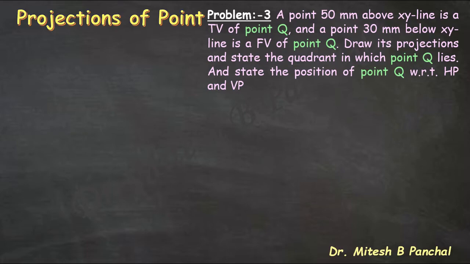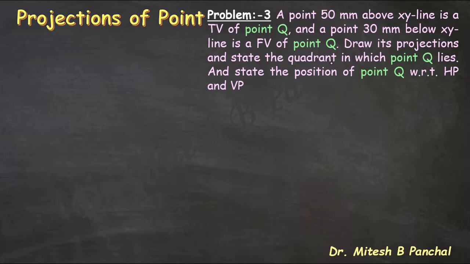So here the position of projection is given, and continuing with this statement, a point 30 mm below the xy line is the front view of point Q. Okay, so the front view of point Q is 30 mm below the xy line.